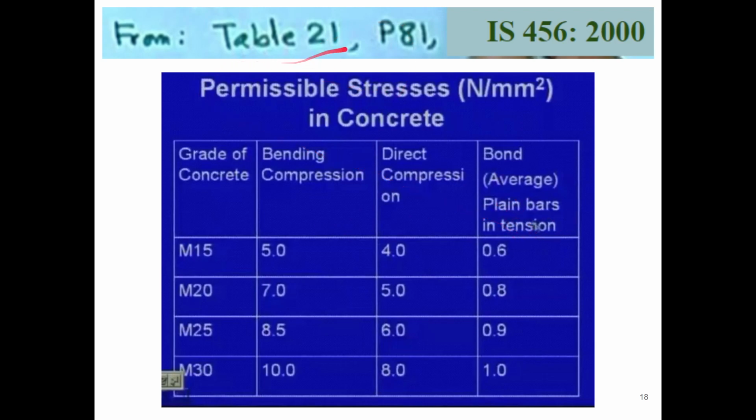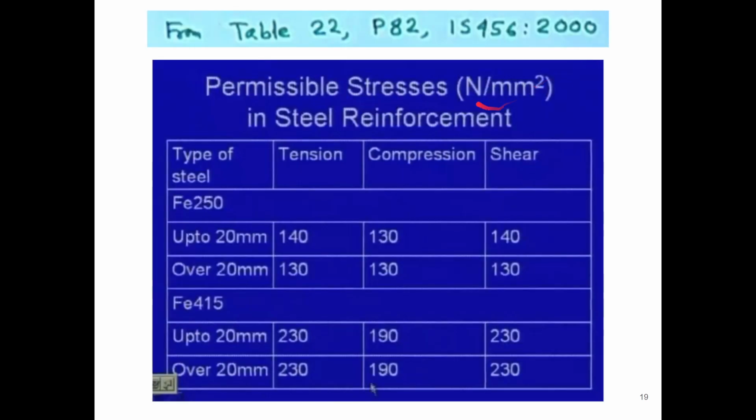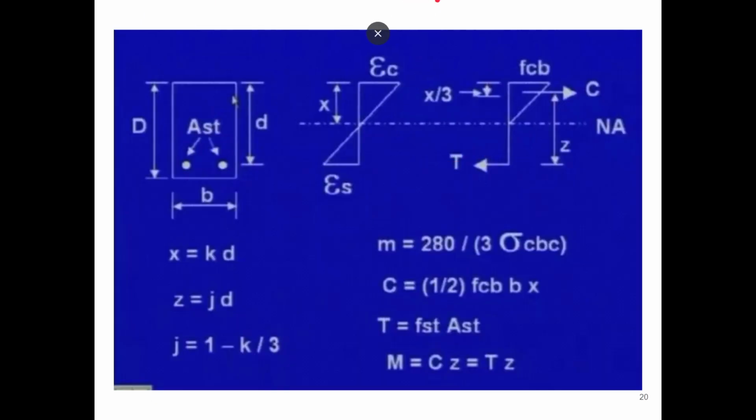This is as per Table 21 of IS 456, and also these are the permissible stresses in steel reinforcement for tension, compression, and shear for Fe 250 and 415 for over 20 mm diameter, as per Table 22 of IS 456. We just discussed these values and tables, and also the diagram I just showed you.